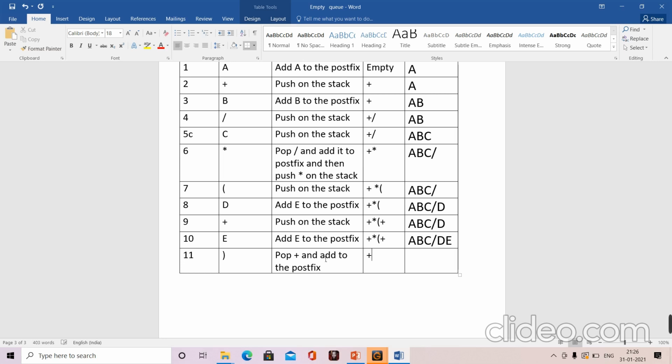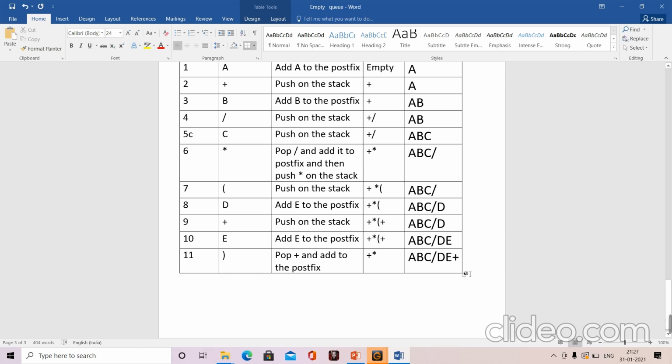Then pop the asterisk, and the parenthesis is removed, so this will be gone. What will remain is plus and multiplication. So we have A, B, C slash D, E, then we have plus.